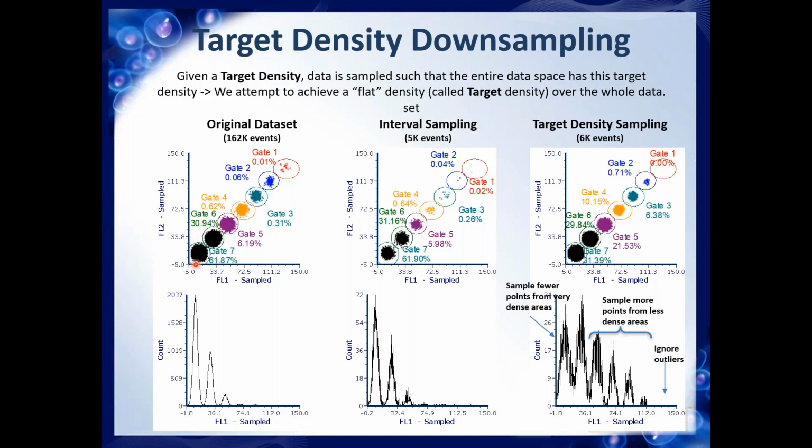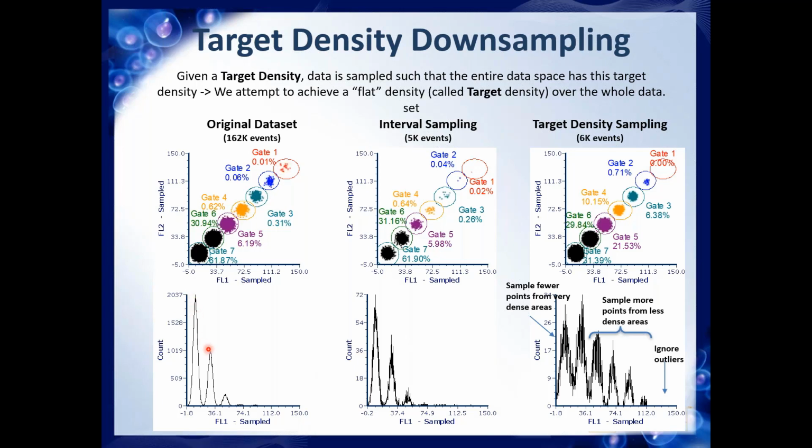So you see I have two very dense, abundant populations, like 60 and 30%. So overall they cover 90%. And then the frequency decreases: 6%, 0.6, 0.3, 0.06, and 0.01.